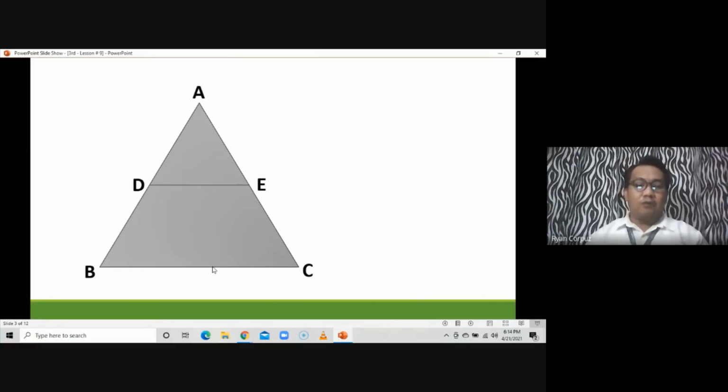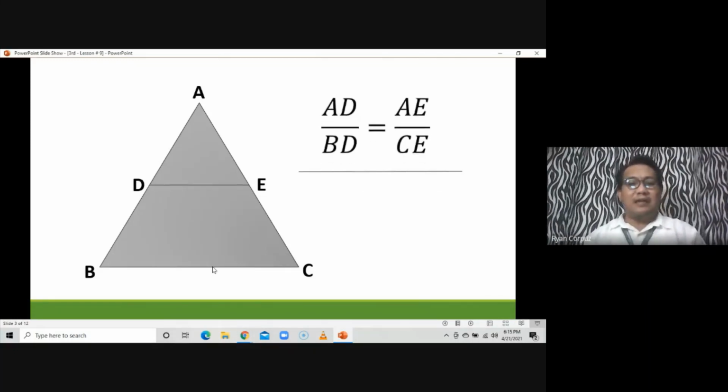How are we going to apply it? So given triangle ABC with a segment DE intersecting two sides of the triangle, and that segment is parallel to the third side, then we can conclude that AD over BD, we can form one ratio here, is equal to AE over CE, another ratio for us to form a proportion.